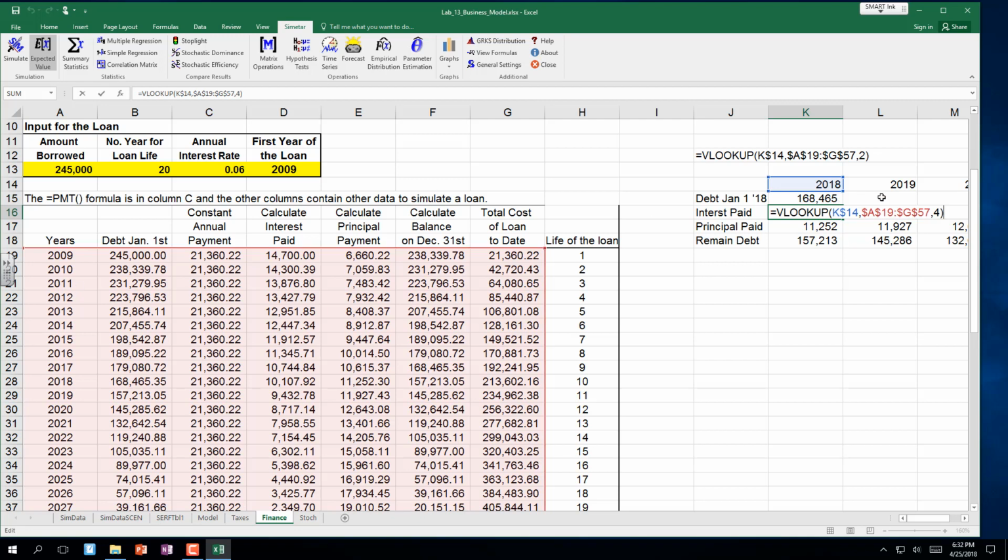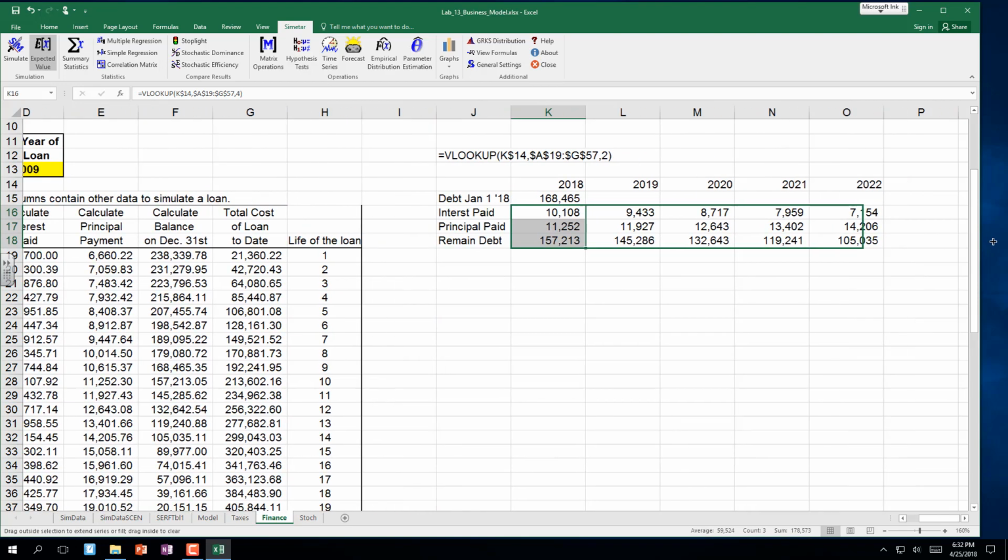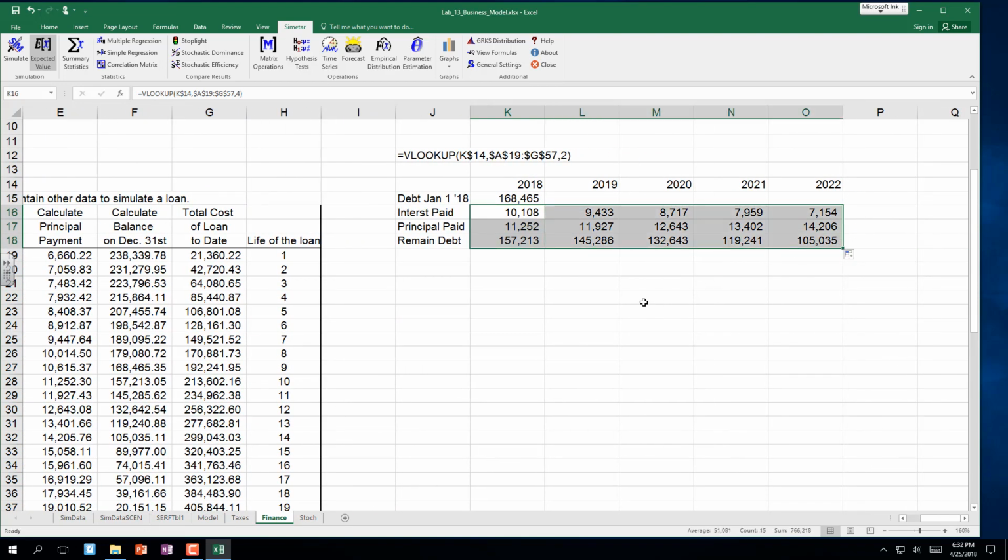It's going to use the same year, 2018, but now it's going to look in column 4 because that's where it says calculate the interest paid. And guess what? The next one is look in column 5 because that's the principal, and then column 6. And if you do that, you do it right, you can just drag that across for all your years.